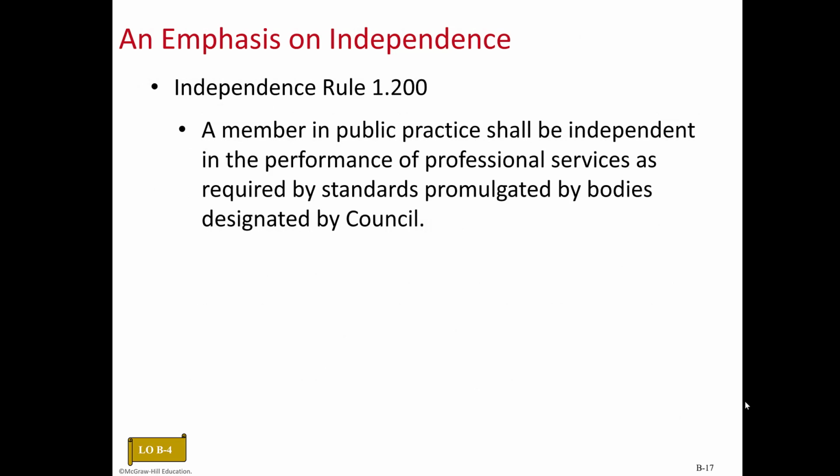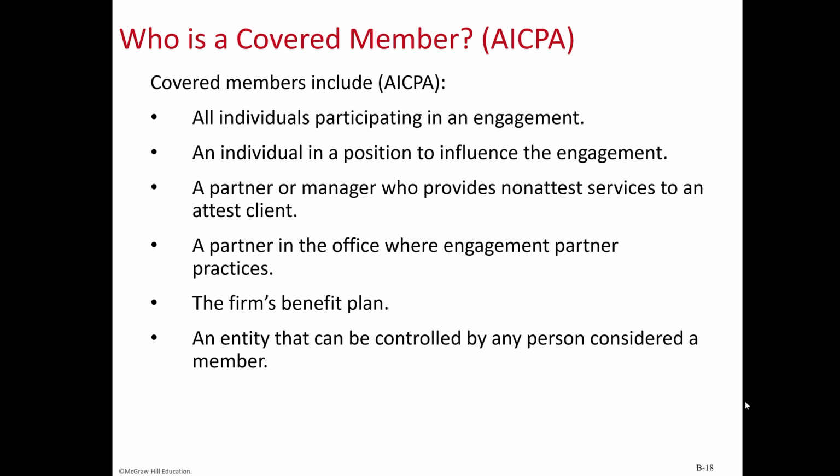Now let's talk about independence. So the AICPA has an Independence Rule 1.200, and it states that a member in public practice shall be independent in the performance of their professional service as is required by the standards of the promulgated bodies designated by the council. So who is a covered member according to the AICPA?